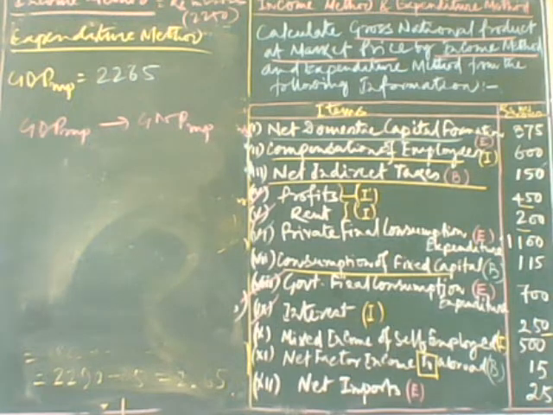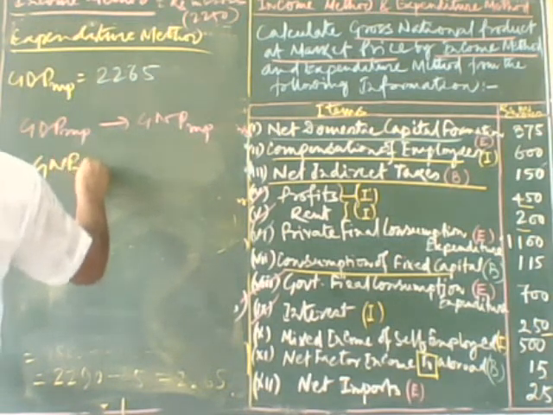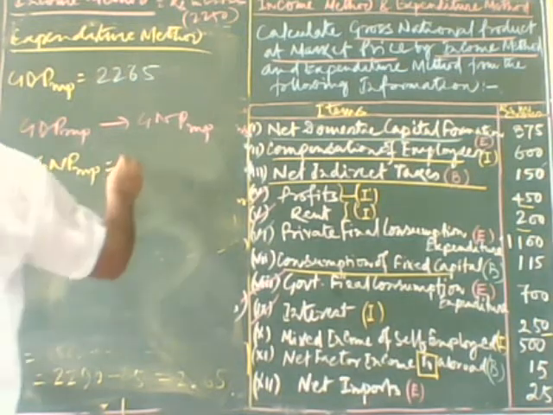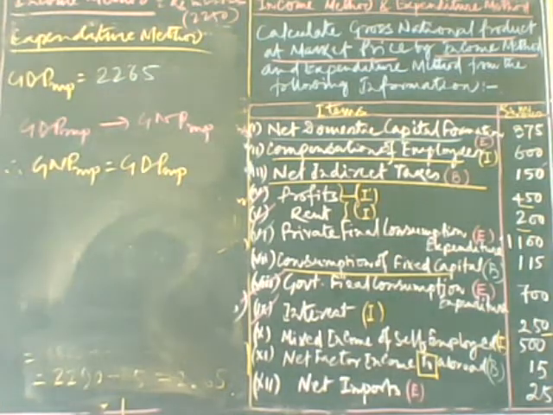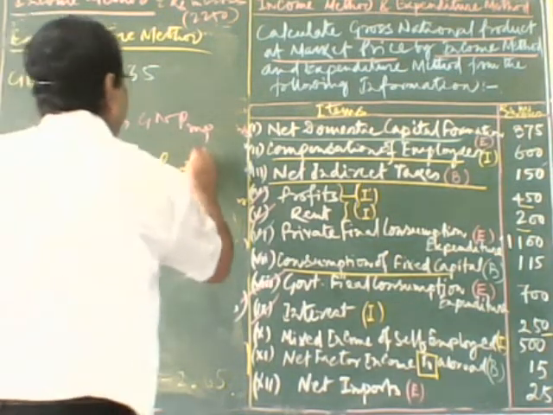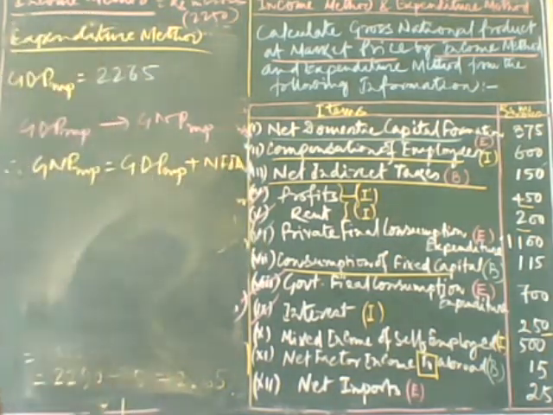Therefore, GNP market price is equal to GDP market price plus NFI, because the relation between national and domestic, the bridging component, is NFI.